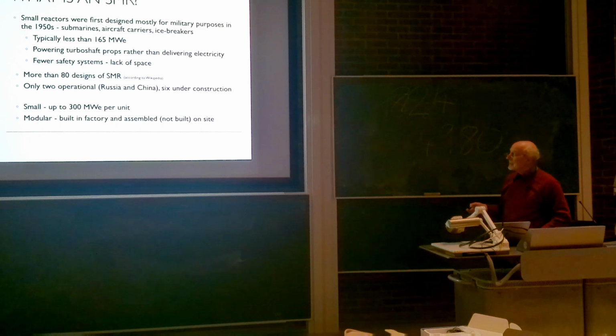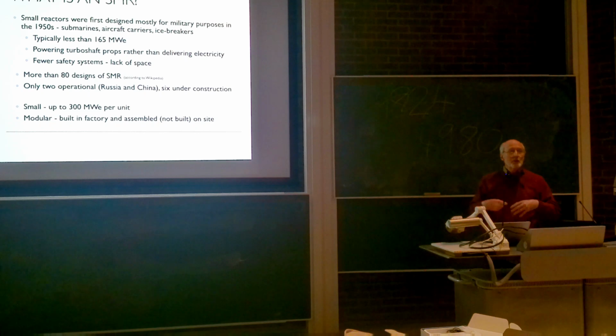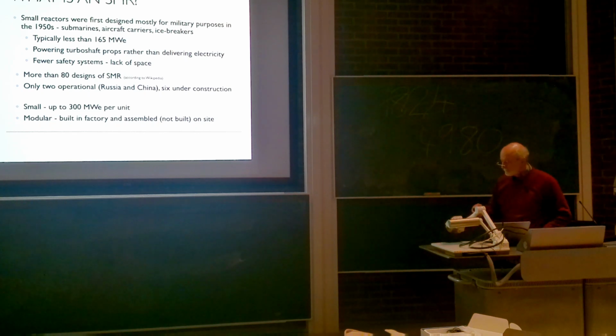So that's basically it for a small modular reactor. It is small in terms of its power output, and it can be built more or less on a production line basis.